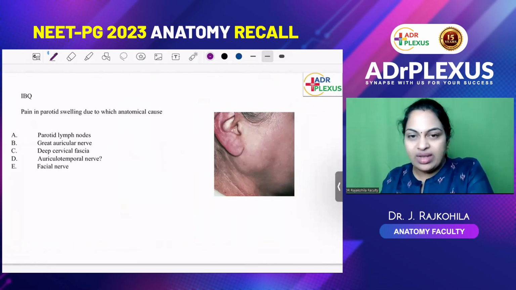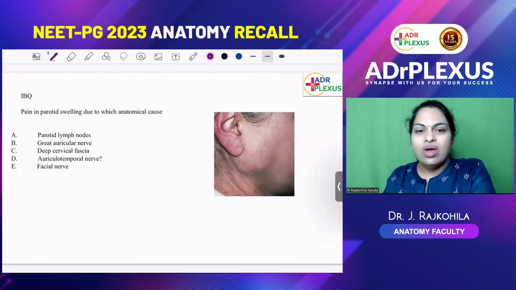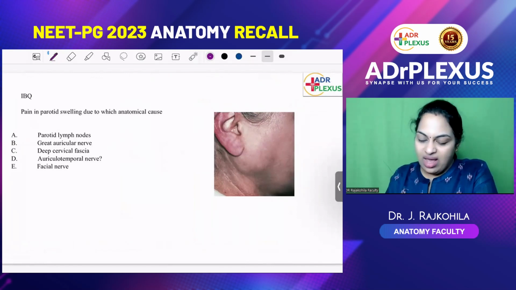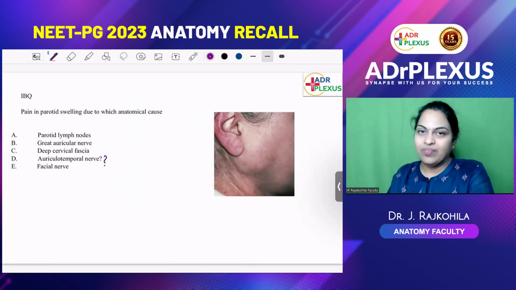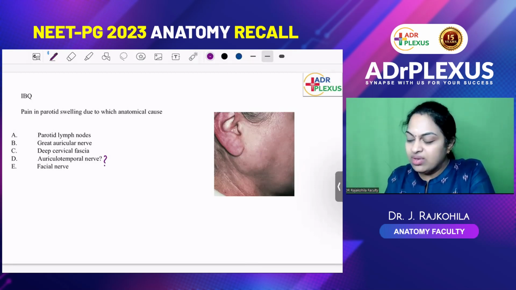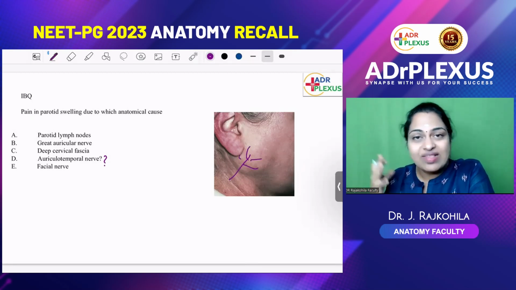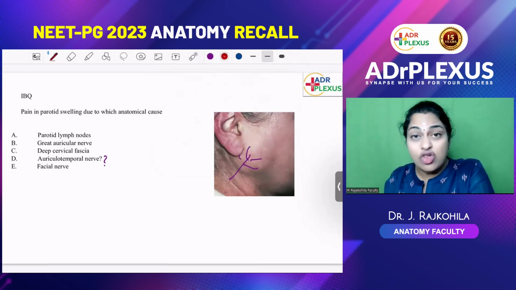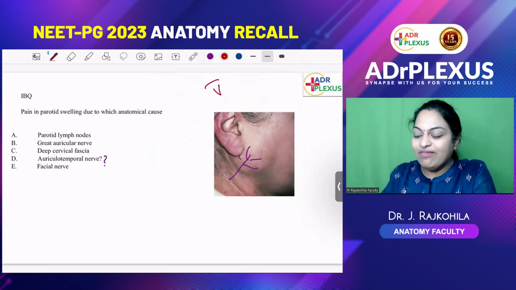A parotid swelling, and they've asked you the anatomical reason for the pain in this parotid swelling. And I got a wide variety of options, and I wonder whether this option was given. So what is responsible for pain? Some nerve, right? A sensory nerve which is going to supply the skin over that. You know that the sensory innervation to the face is by the fifth nerve, the trigeminal nerve.